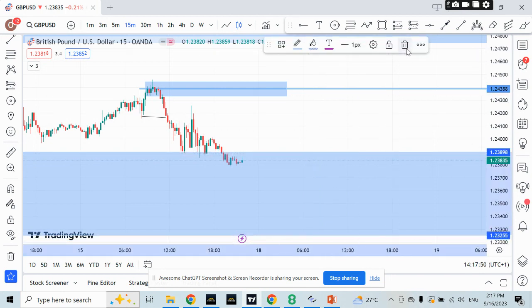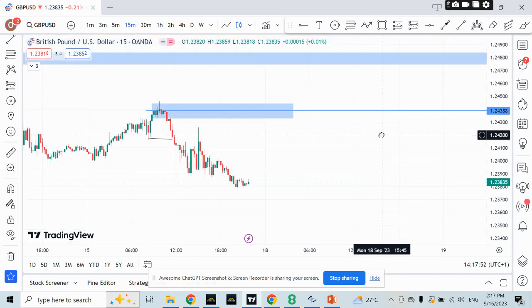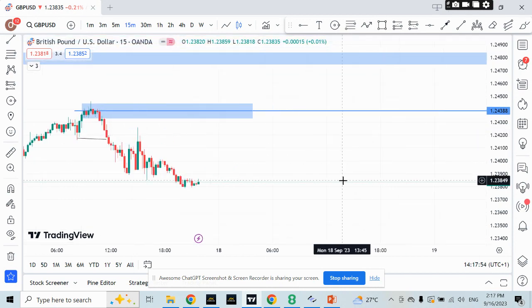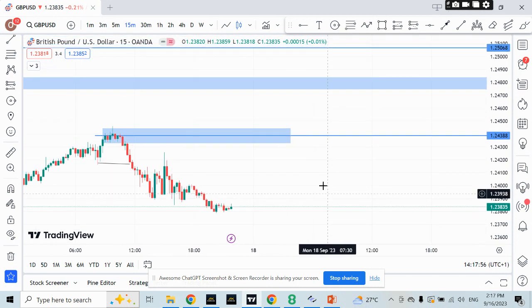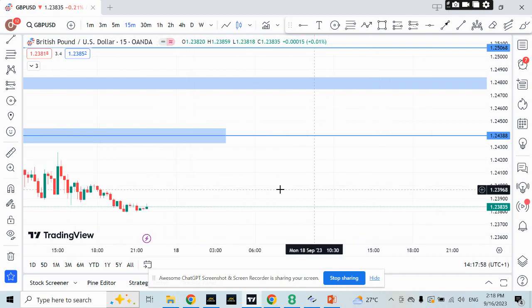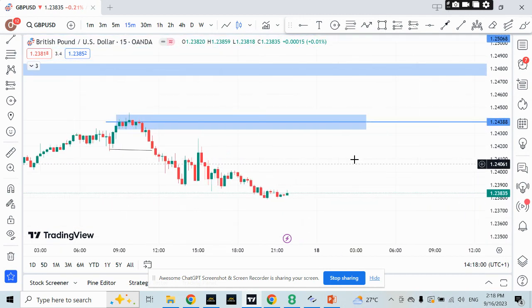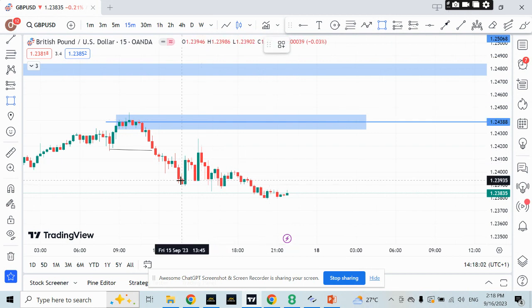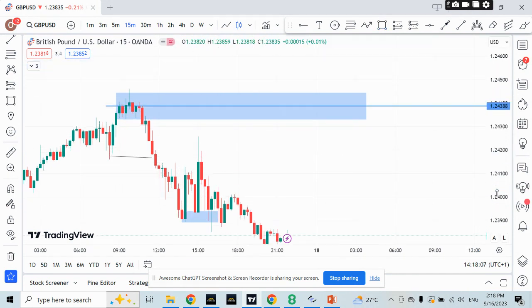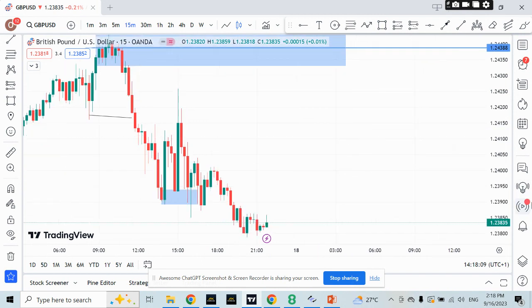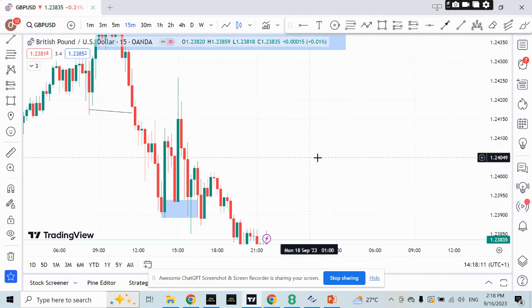Let me remove this. You look at something, you realize that price did some violation at this zone, because we try to expand so it could be more visible.